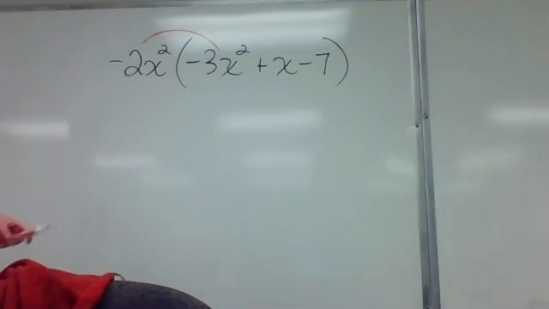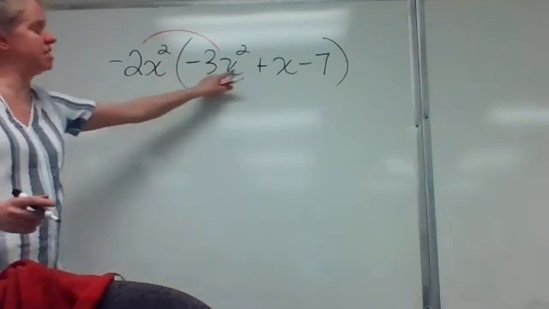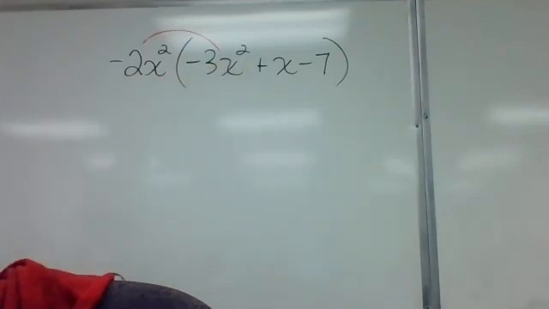First things first, negative 2x squared times negative 3x squared.